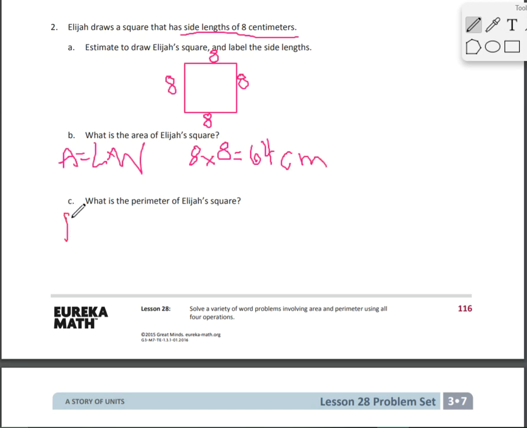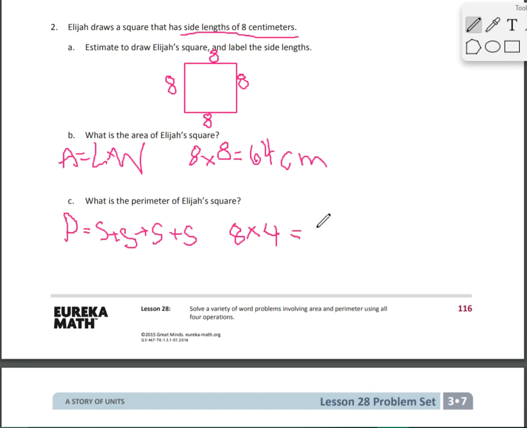For a perimeter, we're going to add up all of our sides. So we have side plus side plus side plus side. So we have 8 plus 8 plus 8 plus 8. That is repeated addition. And instead of writing 8 plus 8 plus 8 plus 8, I can take an easy way out because there are 4 sides that are exactly the same.